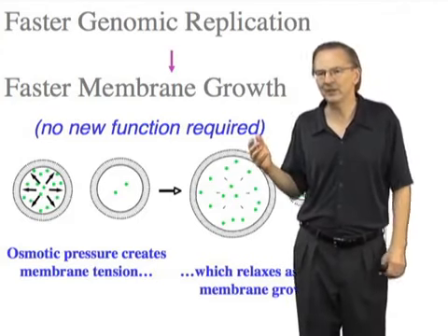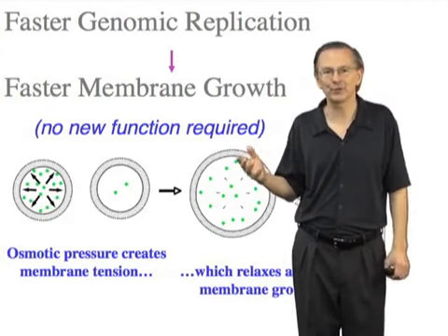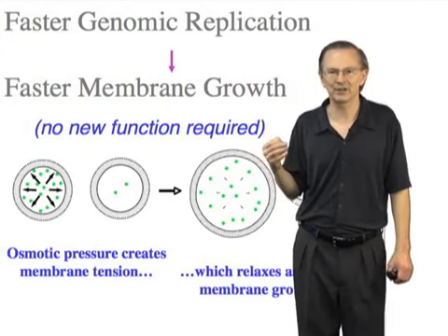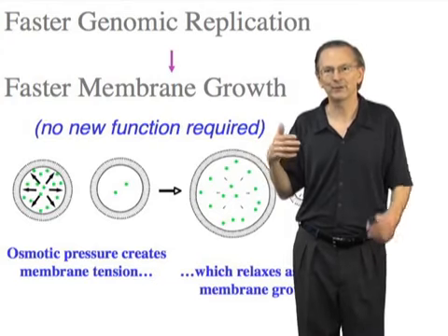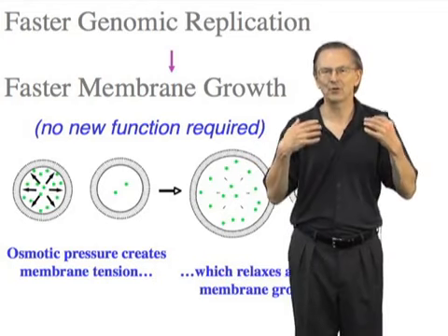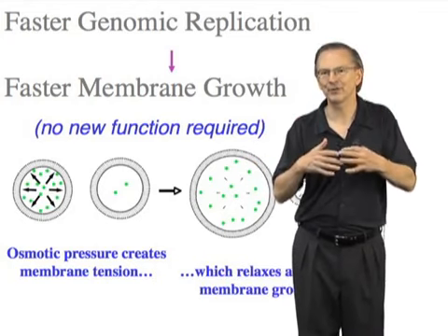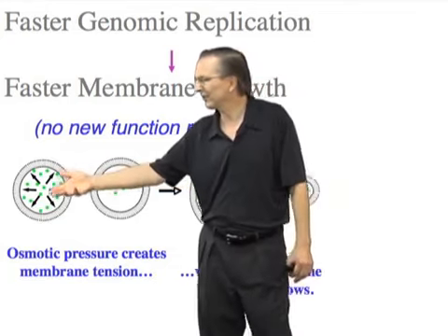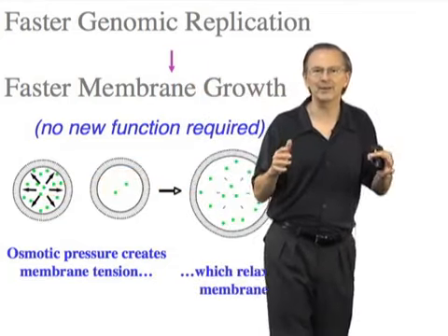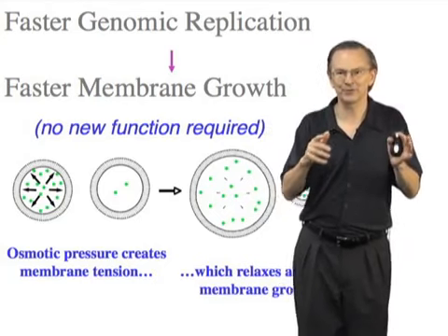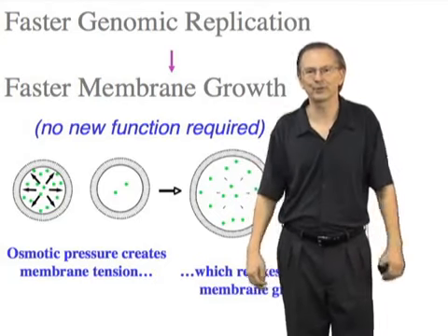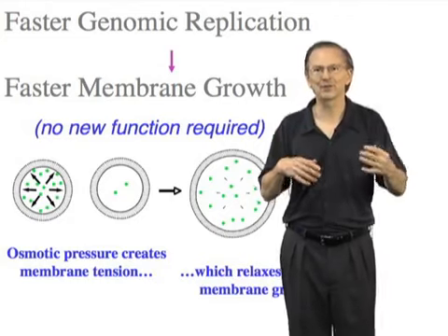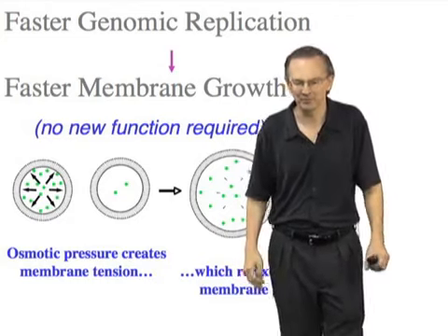So the exciting implication of that physical process is that it's a potential link between genome replication and faster membrane growth. So any process that results in faster replication of the genetic material inside a vesicle will automatically, as a result of the Donnan effect, lead to faster growth of the membrane compartment. So it's a coupling between genome replication and cell growth as a whole.